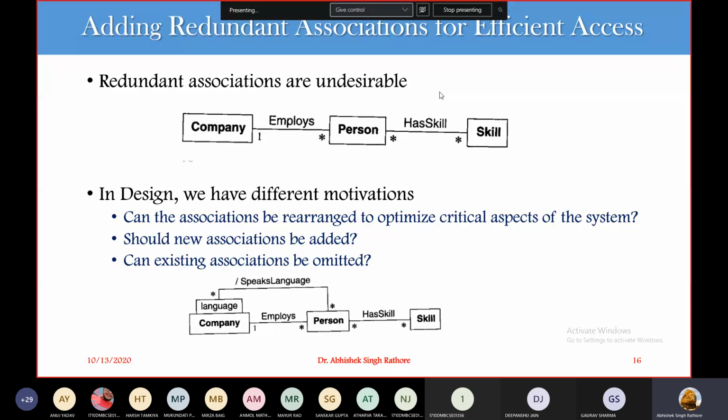The hashing operation can be performed in constant time, so the cost of finding a person who speaks Japanese is constant when we have a function that does hashing for finding skills.